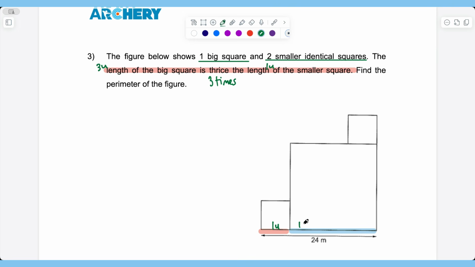So 1 part, 2 parts, and then 3 parts. This blue line here, which is the length of the big square, has 3 parts. And this red line, which is the length of the smaller square, has only 1 part or 1 unit.